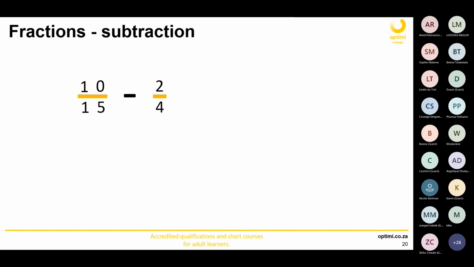Subtraction. Subtraction, the opposite of addition.